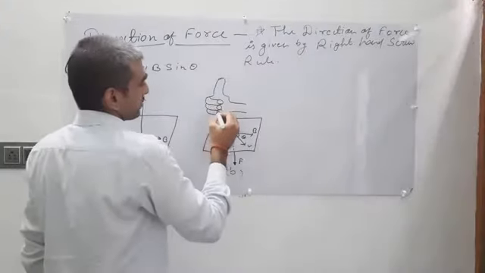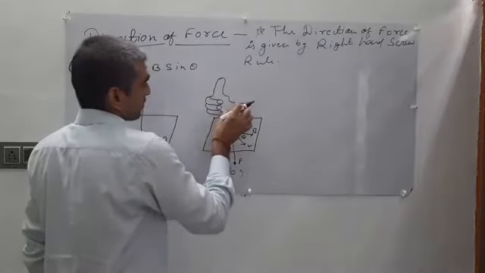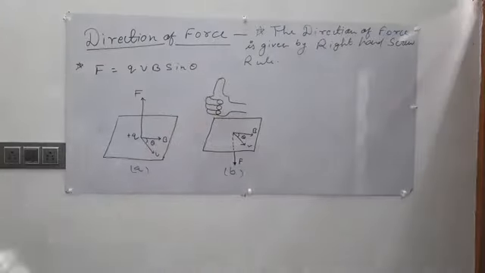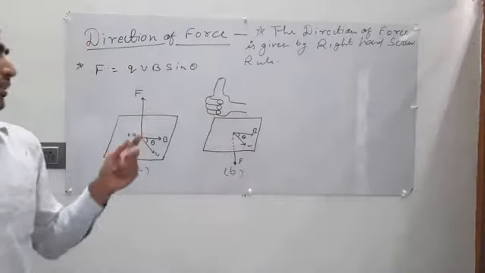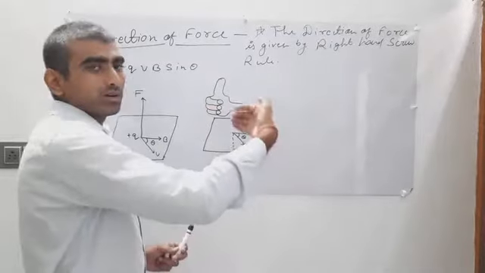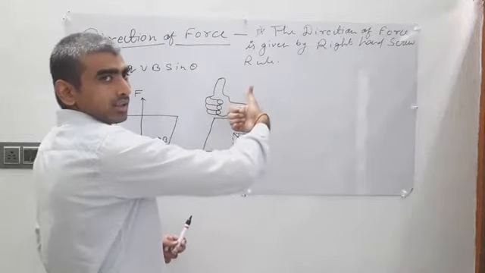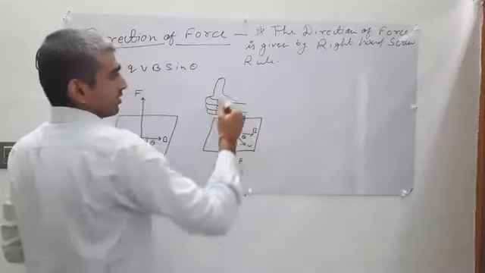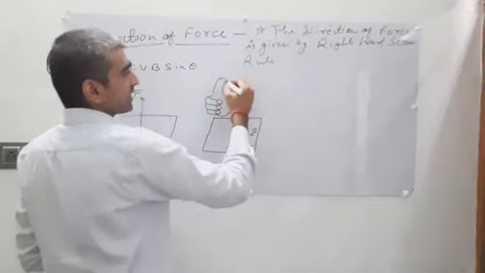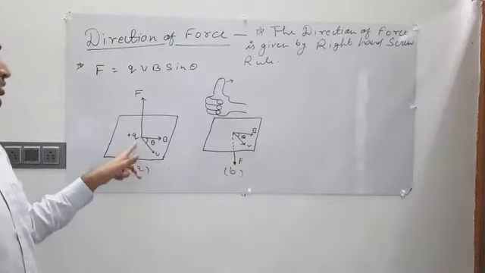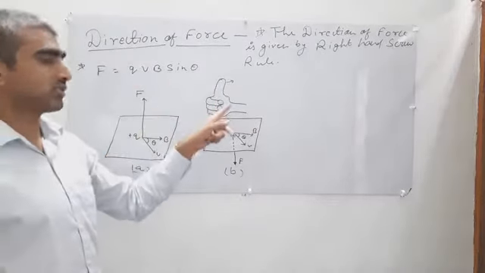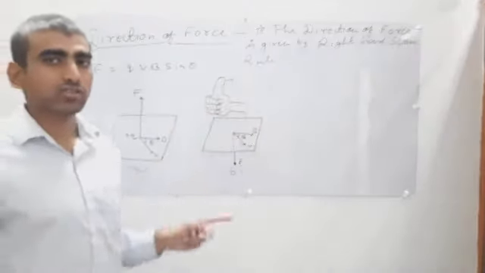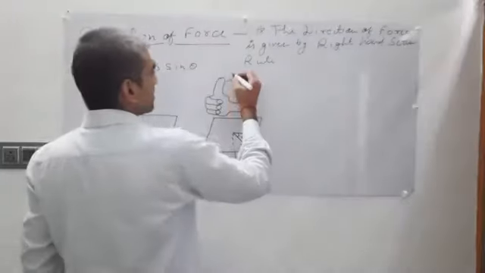So this is the right hand screw rule, where you make your right hand like this, that means the direction of the thumb represents the direction of force acting on a charge.